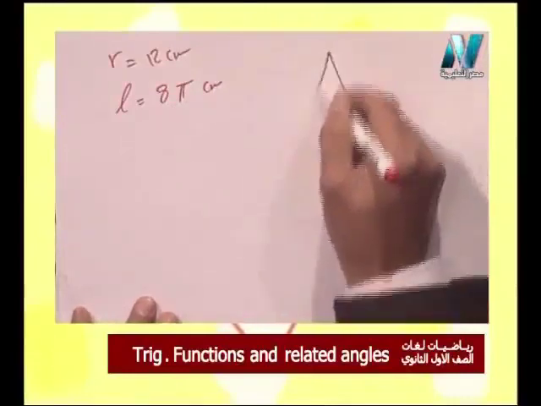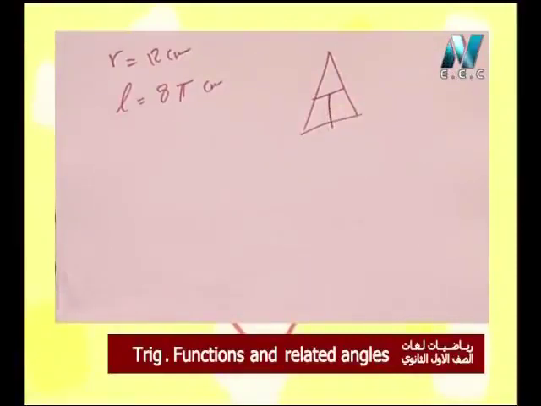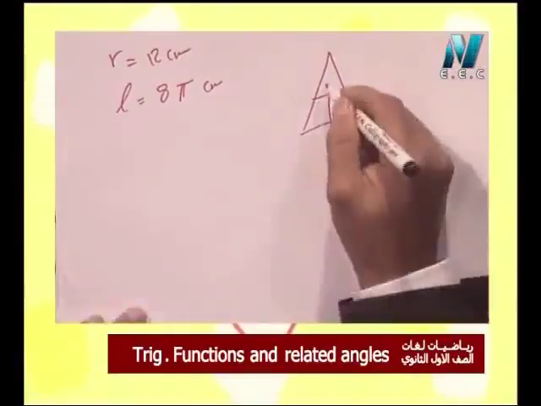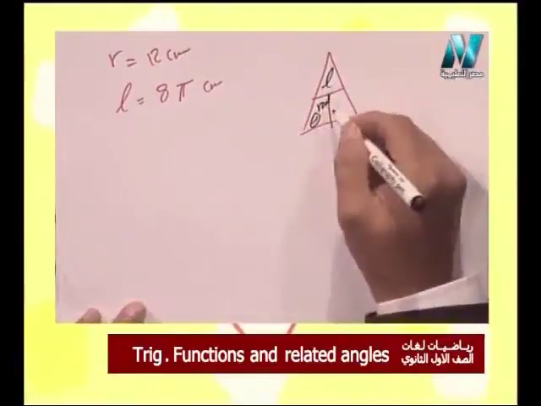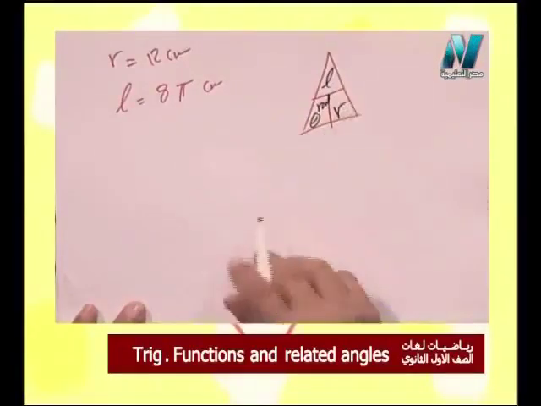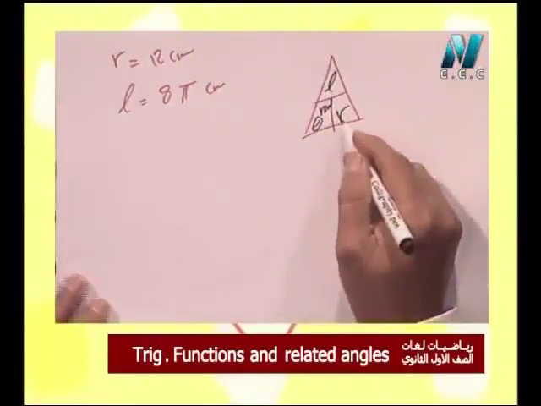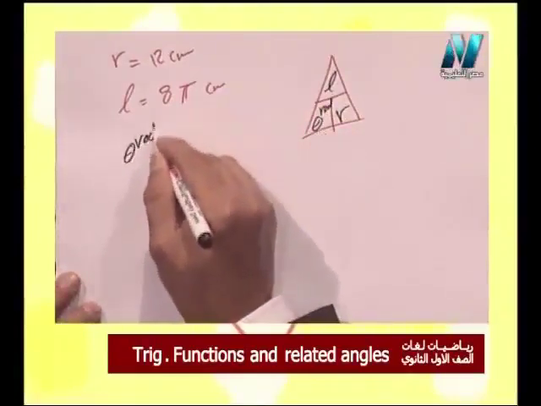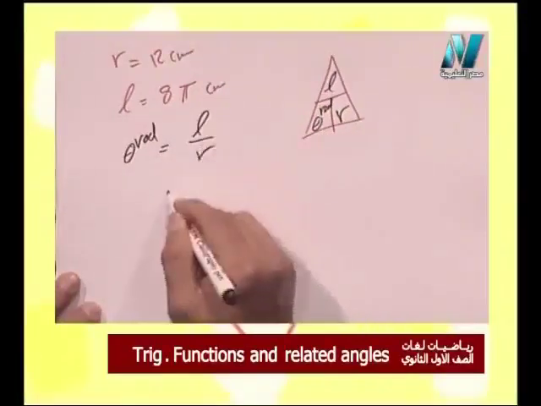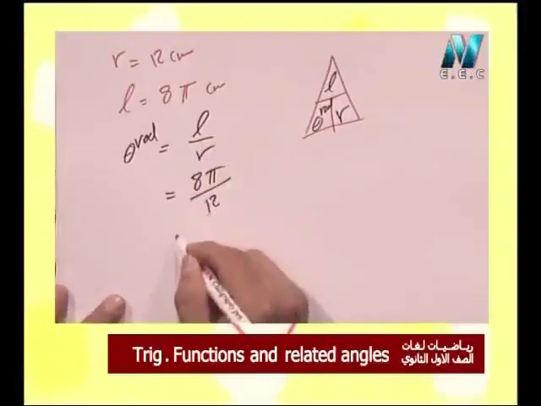I remind you with the magic triangle here, we have L, theta rad, and we have radius. L equals theta rad times R, but we want to find out theta rad here, so theta rad equals L over R, so it's equal 8 pi over 12.